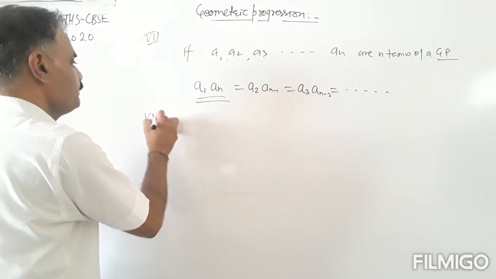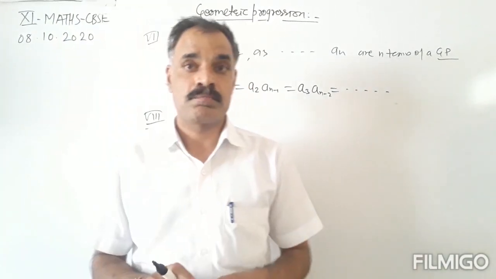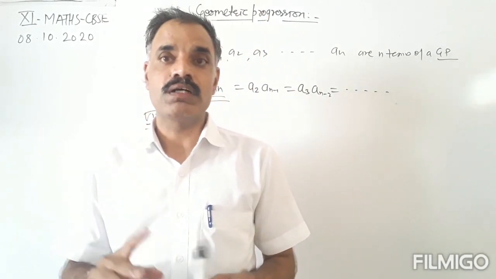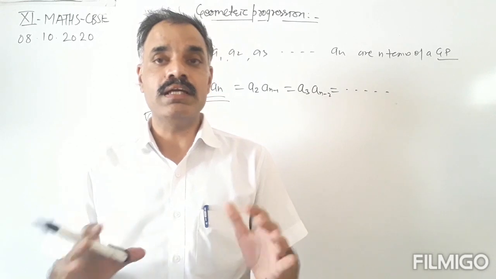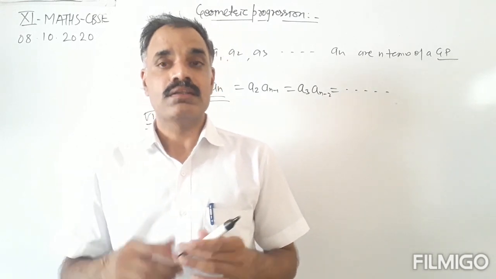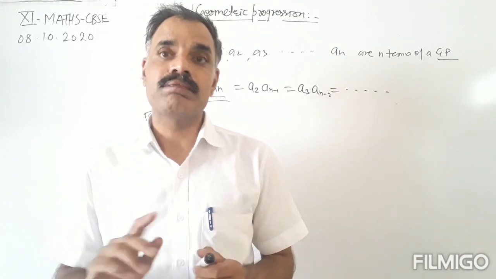Okay, next property, that is the eighth property: if we select the terms from the geometric progression at equal distances, then the terms are in geometric progression.